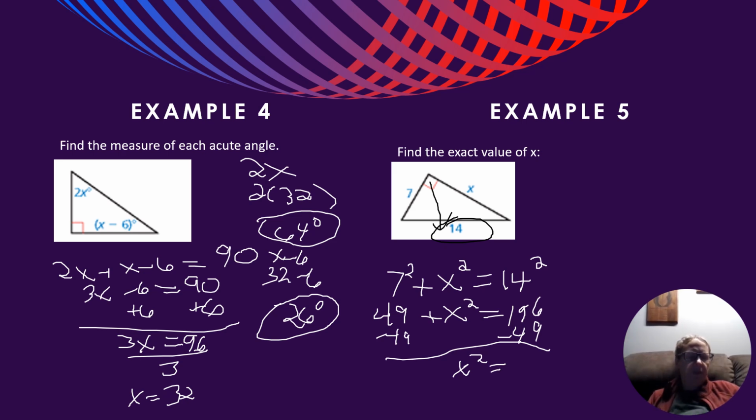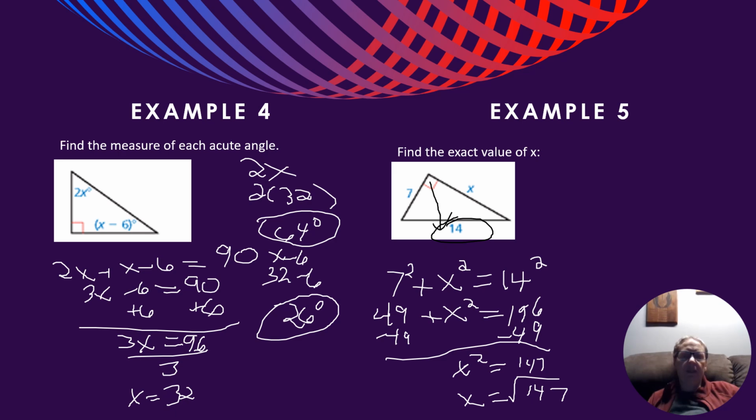So 196 minus 49, I get 147. So to undo the square, you take the square root of both sides. So x is the square root of 147. Now, I'm not going to figure out what the square root of 147 is. I'm just going to see if that simplifies.